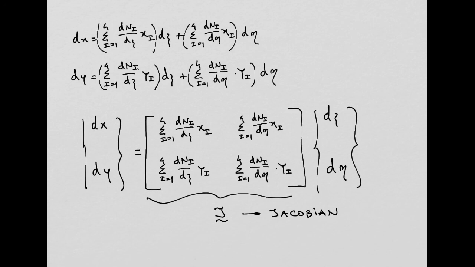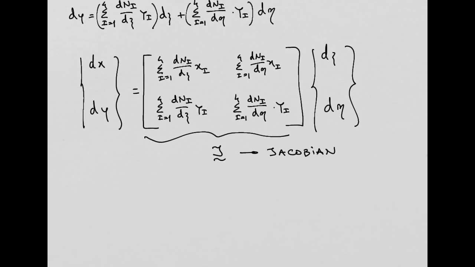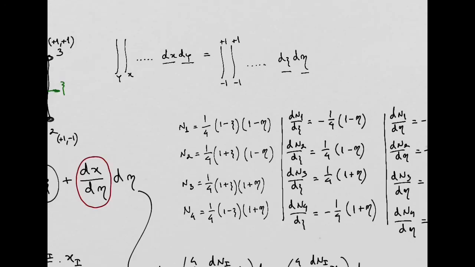Okay? And most importantly, this infinitesimal area element, this is an area element in the physical domain, dx dy, which we will need to solve this integral in the physical domain.